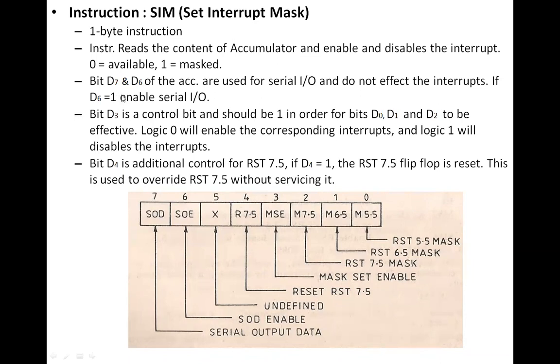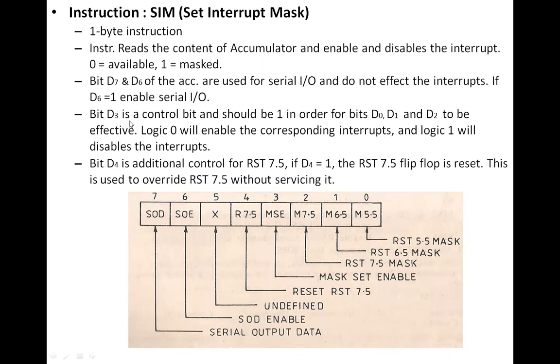So bit numbers D7 and D6 of the accumulator are used for serial input output, and they are not going to affect the interrupts. If the D6 bit is 1, it enables the output, because this is SOD enable, serial output enabling.